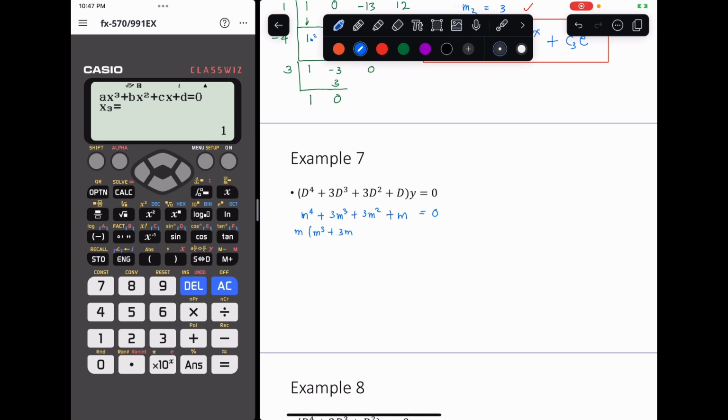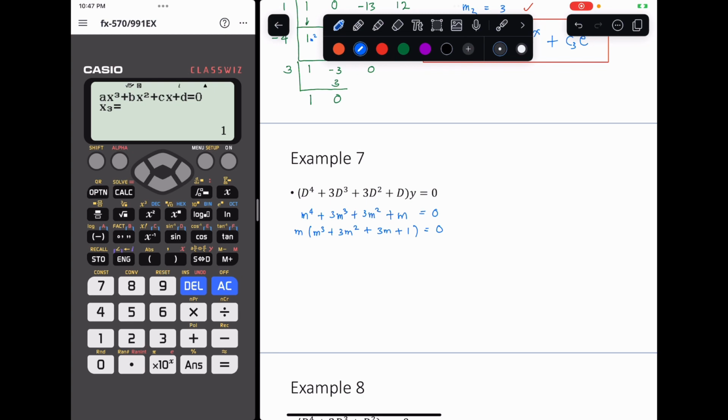plus 3m, and then plus 1 equals to 0. So m cubed plus 3m squared plus 3m plus 1.